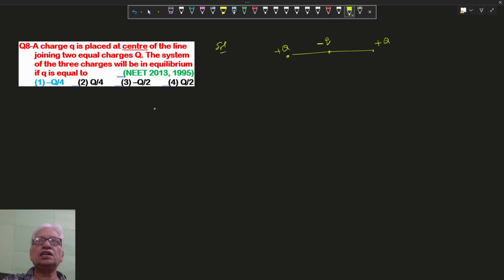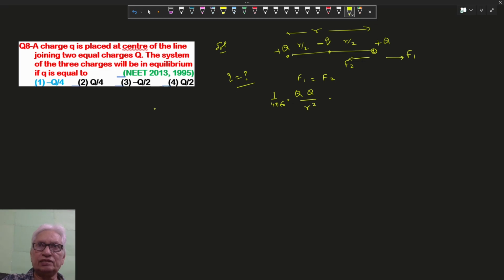Now, suppose r is the distance between them, this will be r by 2, r by 2. If we are interested in finding the magnitude of this q, it means either at the extreme position, left or right, we can make the net force zero. Because of this Q there will be repulsion, because of minus q there will be attraction. So if we equate F1 and F2, we get the magnitude. F1 means 1 by 4 pi epsilon naught, K Q into Q upon R square.